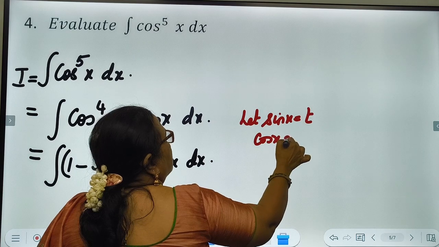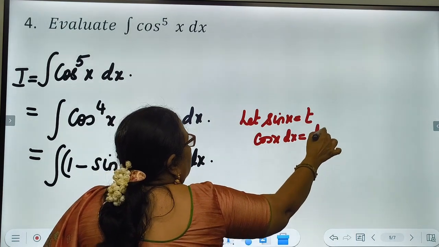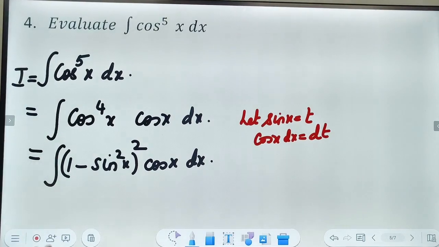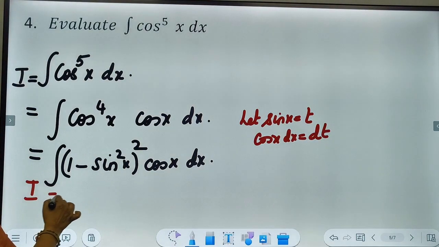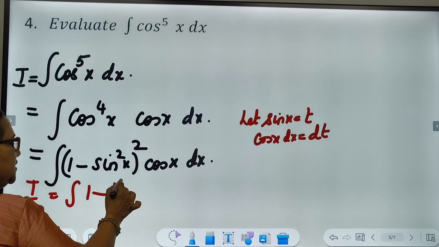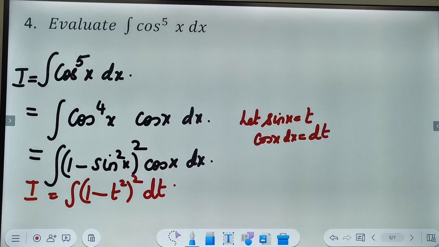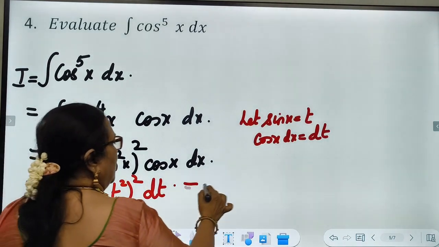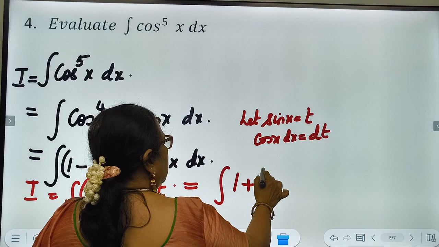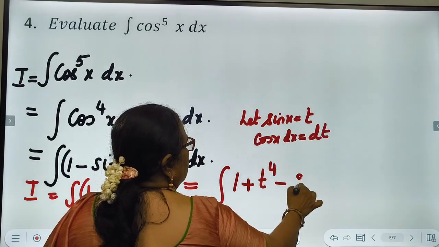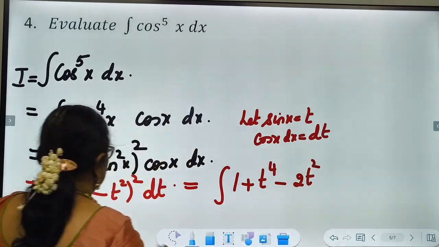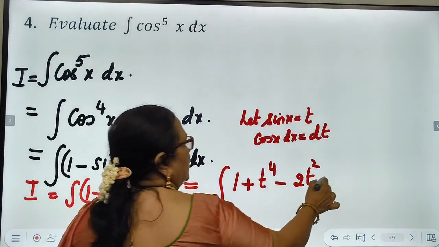Then cos x dx will be dt. So I will be equal to integral of 1 minus t square the whole square dt. This is integral of 1 plus t power 4 minus 2t square dt. I expanded this.